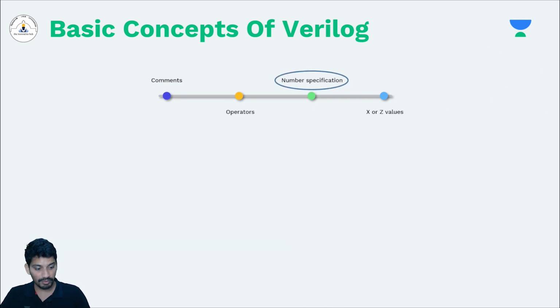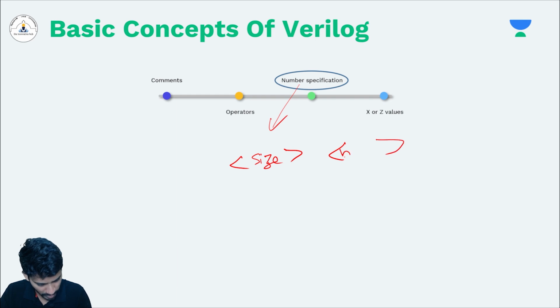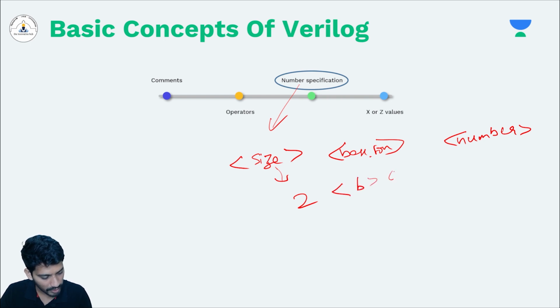Next, we'll see how to specify numbers in Verilog. In order to specify the numbers, you will write like this. You will have to specify the size of the number, then the base format of the number, and then the actual number. Let's say I want a 2-bit binary number 01.